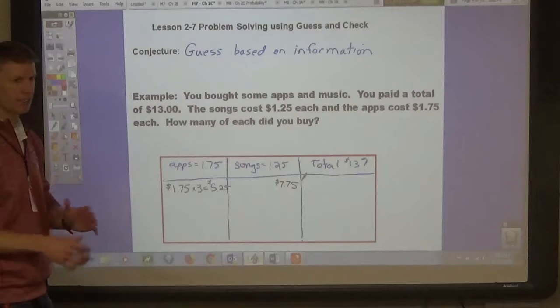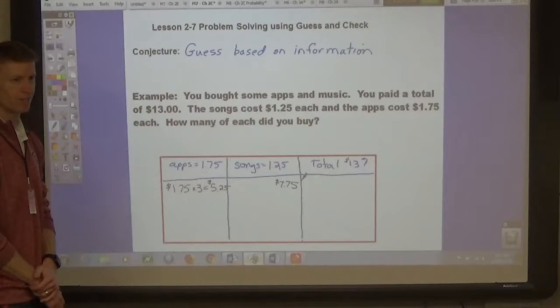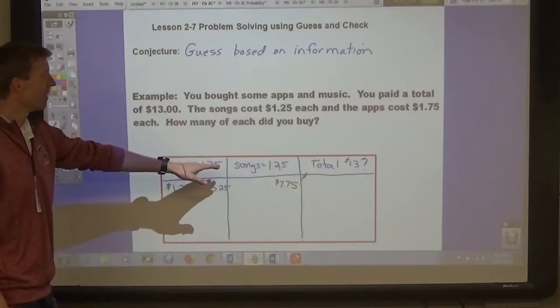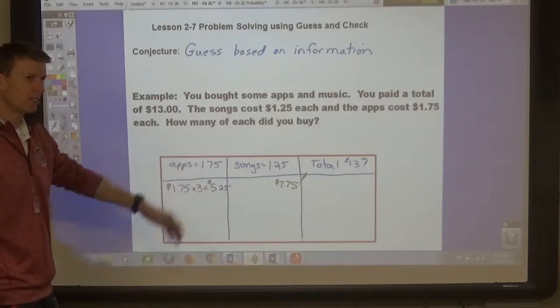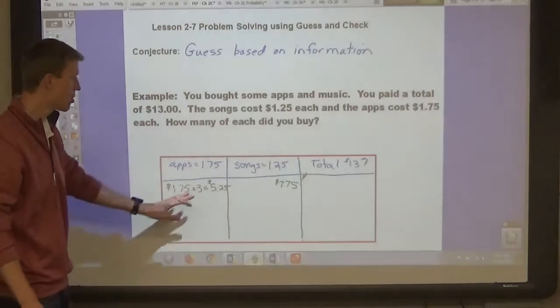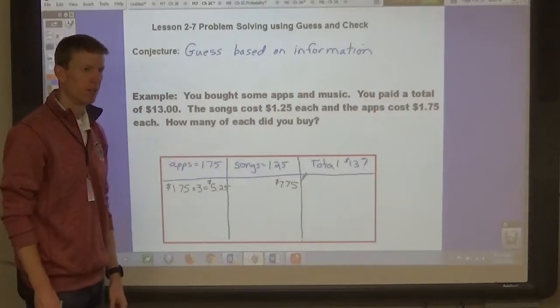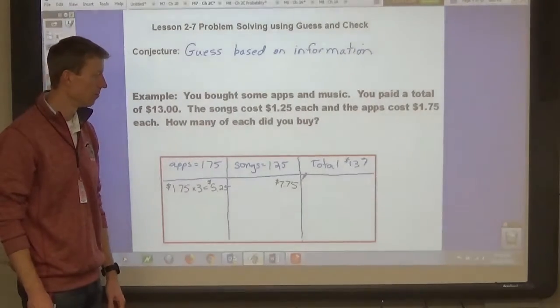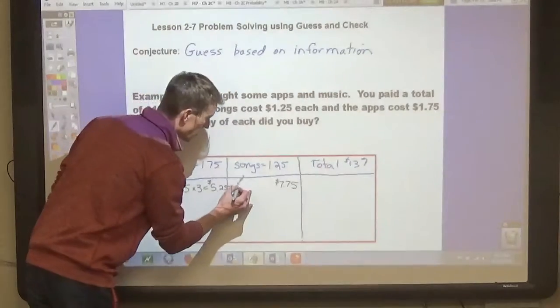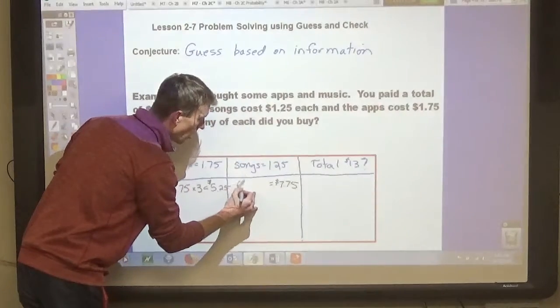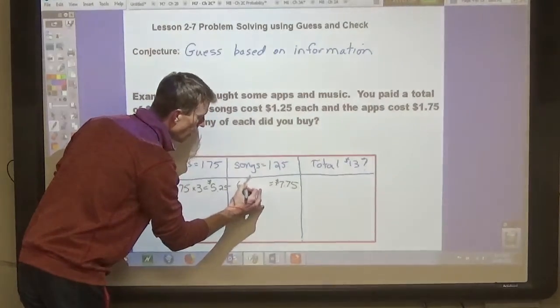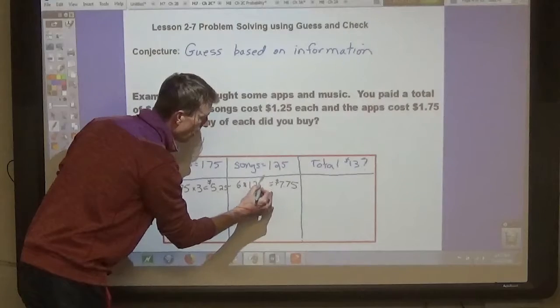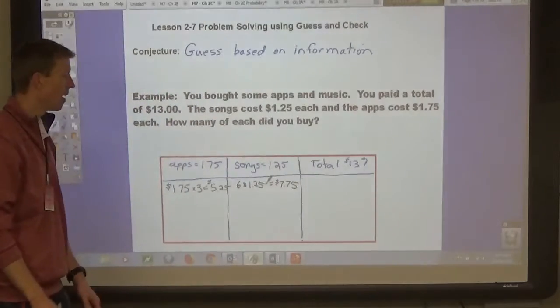So then take a guess. You're going to guess the number of songs and see if that combination works. 6? Okay, let's try 6 songs. See if 6 songs times 1.25 equals 7.75.